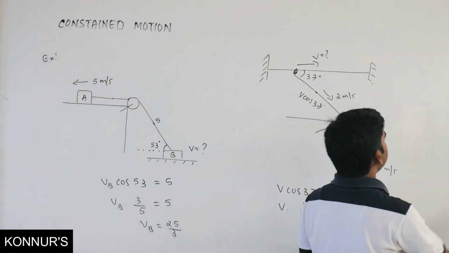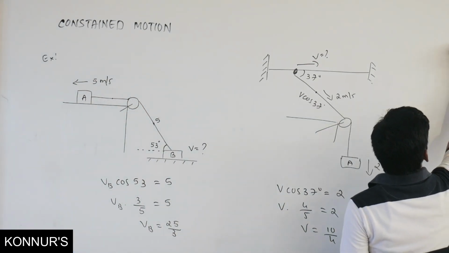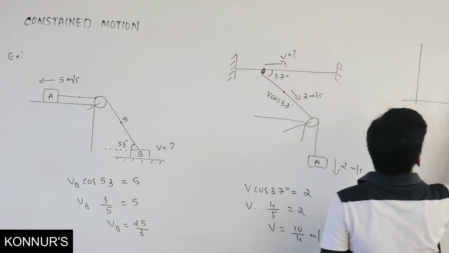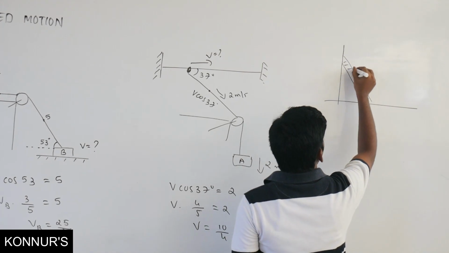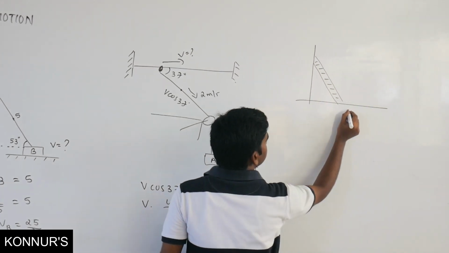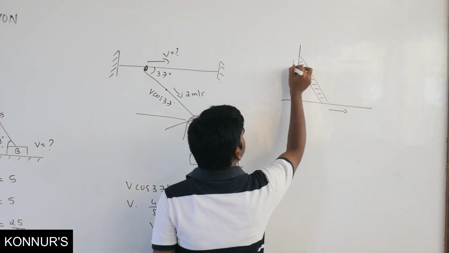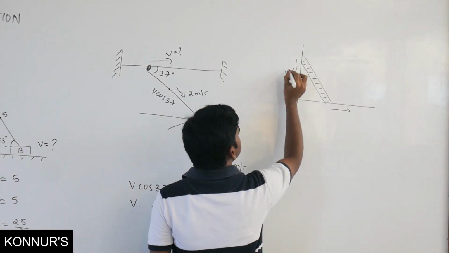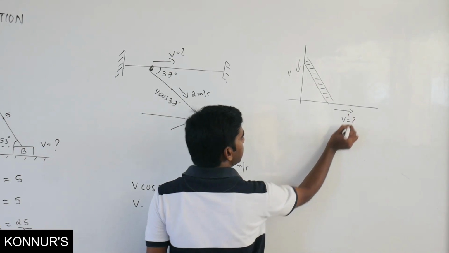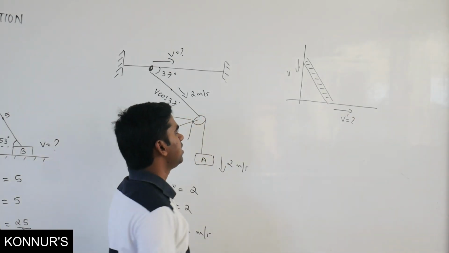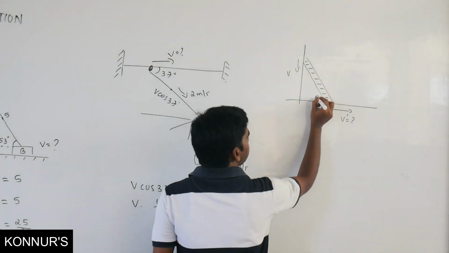Or if you take a ladder problem. Suppose you take the ladder problem, a ladder is here. If one end of the ladder moves here, the other end will come here. If this is velocity V, what will be the velocity here? I will take it as V. They are asking V dash. Say it makes an angle theta here.